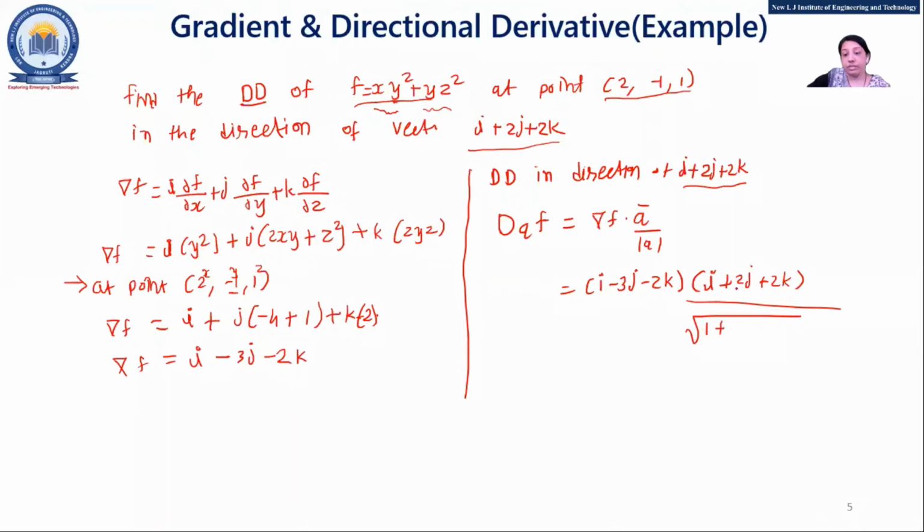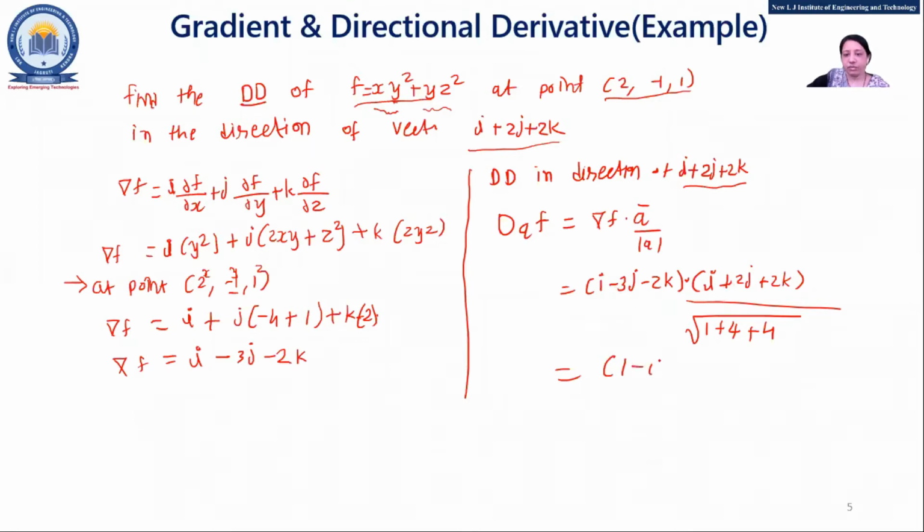Now the coefficient of k is 2, so the square of that is 4, and again. So this is the multiplication of two vectors. I think you know this, right? Respective coefficients are supposed to be multiplied. So 1 times 1 is 1.